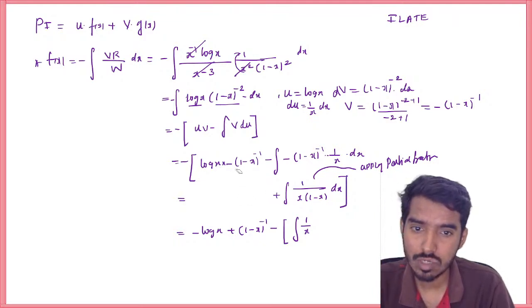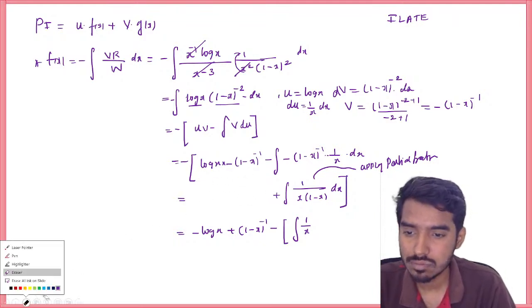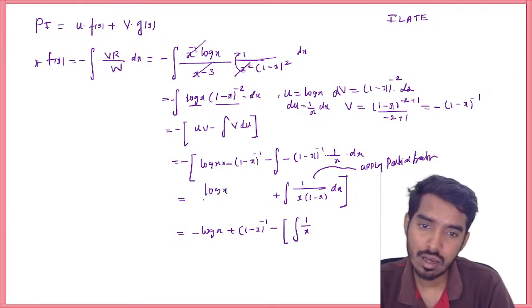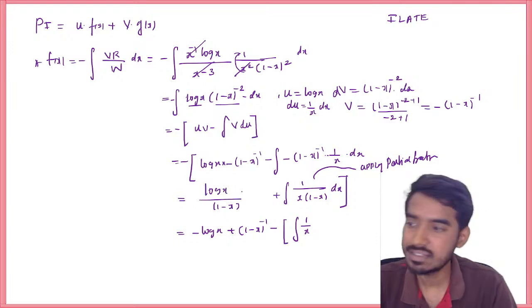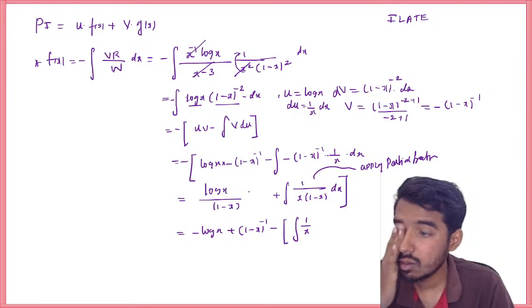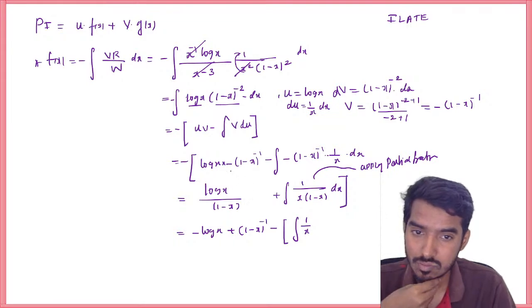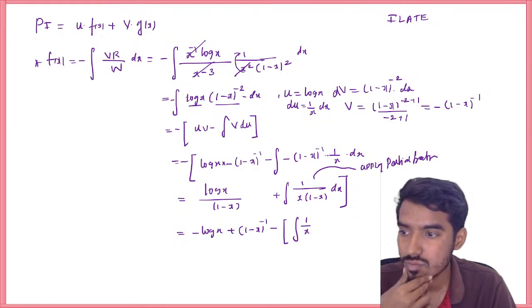This is product. These two are products, right? Into v. Minus minus will be plus. We will have log x by 1 minus x, right? Is it right?